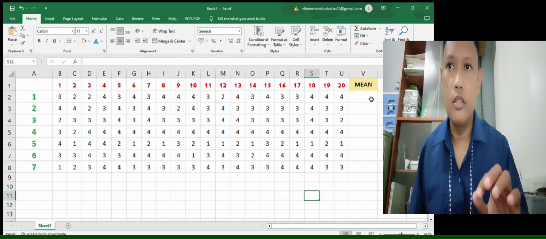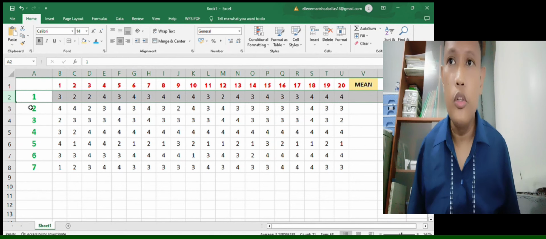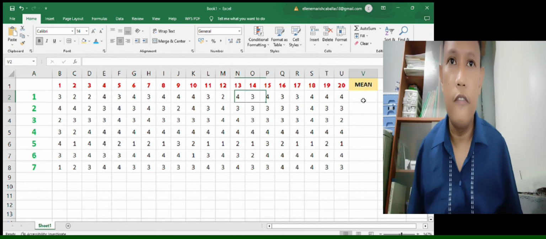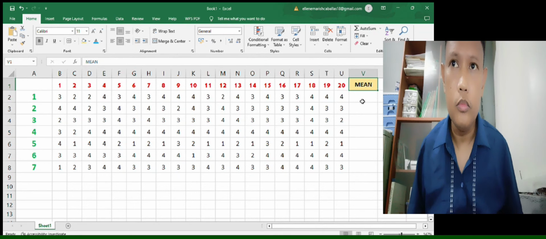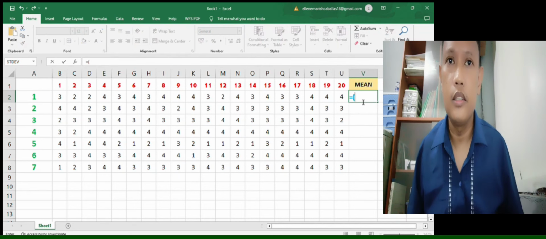Below the mean, we have to write the equal sign and then the word average.